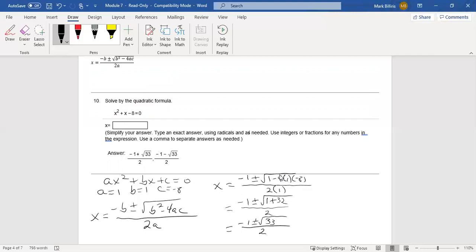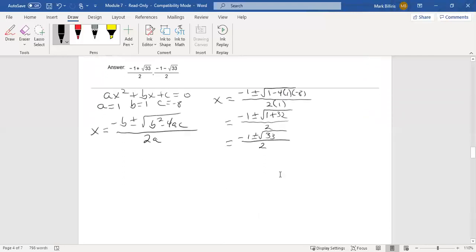In order to reduce, something needs to be able to go into the denominator, 2, the first term, negative 1, and the coefficient of your radical, which in this case is 1. So since nothing, with the exception of 1, divides into all three of these, that's my final answer. So I have the two answers, negative 1 plus square root of 33 over 2, and negative 1 minus the square root of 33 over 2.